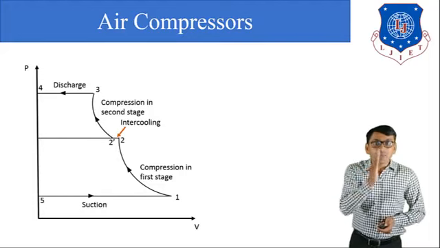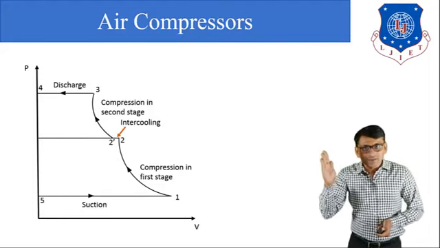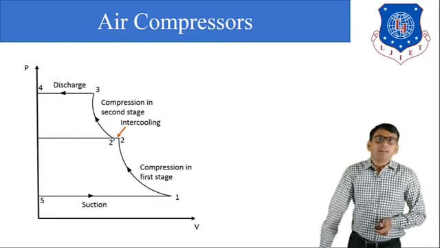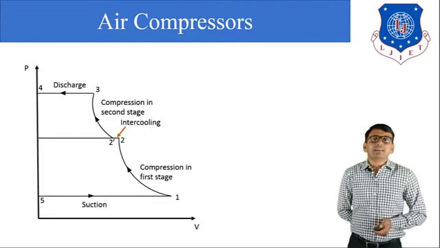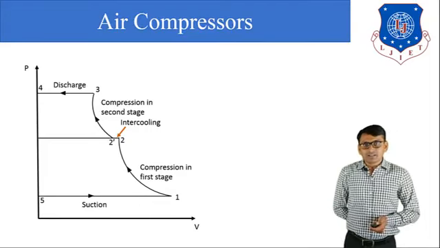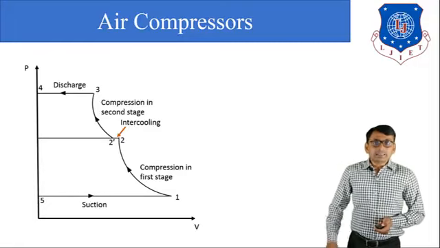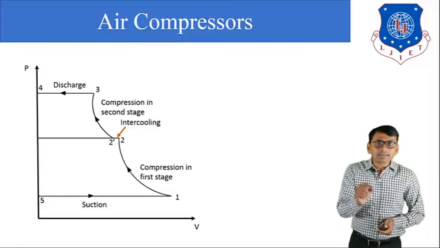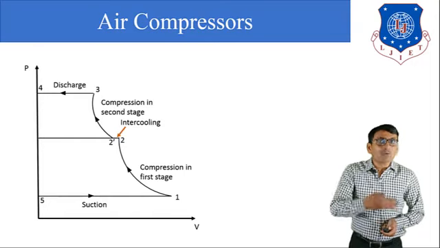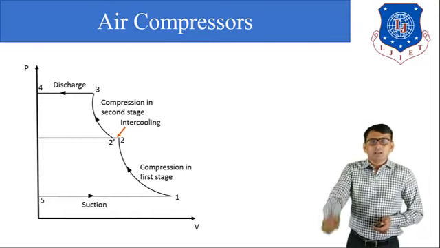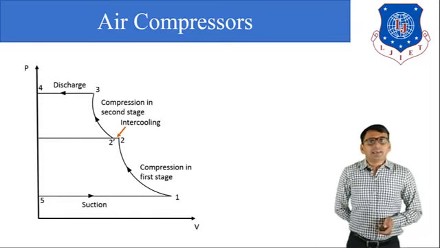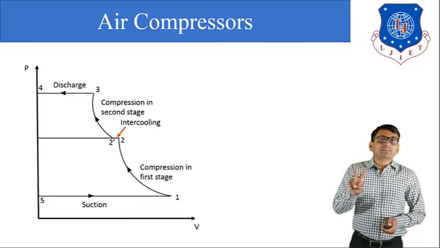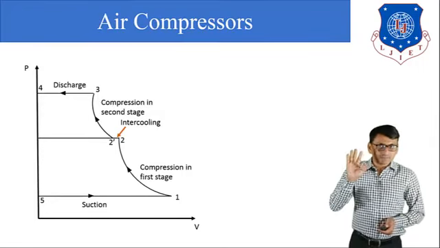So temperature and volume decrease, but pressure is the same. Then 2 dash to 3 is compression in the second stage, and 3 to 4 is discharge of high pressure air to the particular application. So in this diagram there is a two stage reciprocating compressor.